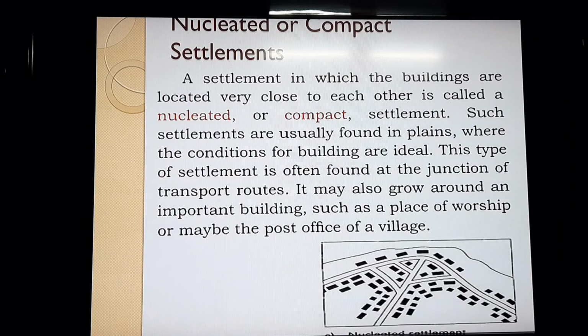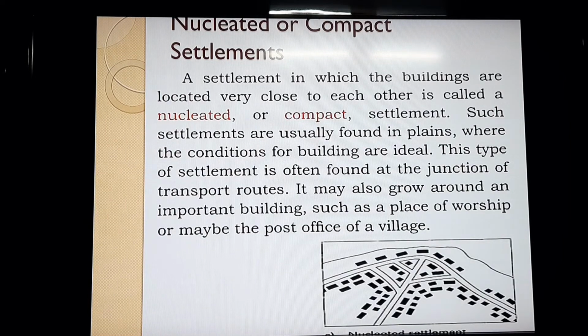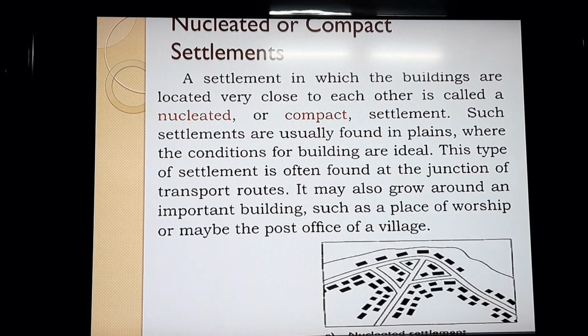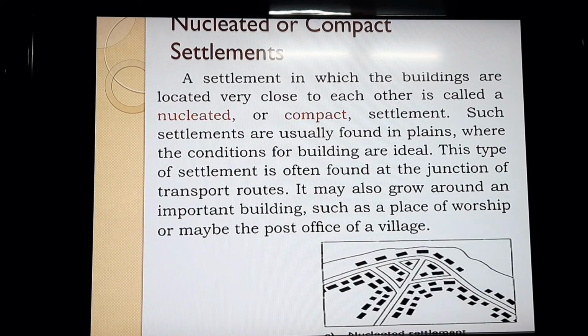We come to the first type of settlement, which is nucleated or compact settlements. So let's have a look at what a nucleated or compact settlement is. A settlement in which the buildings are located very close to each other is called the nucleated settlement or the compact settlement. As the name suggests, it is compact because the buildings are very close to each other.